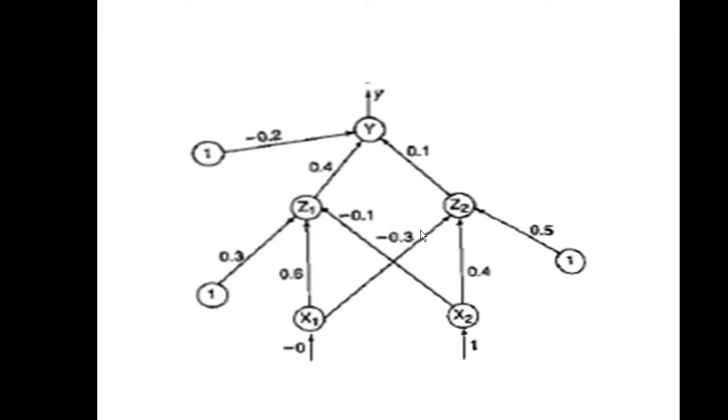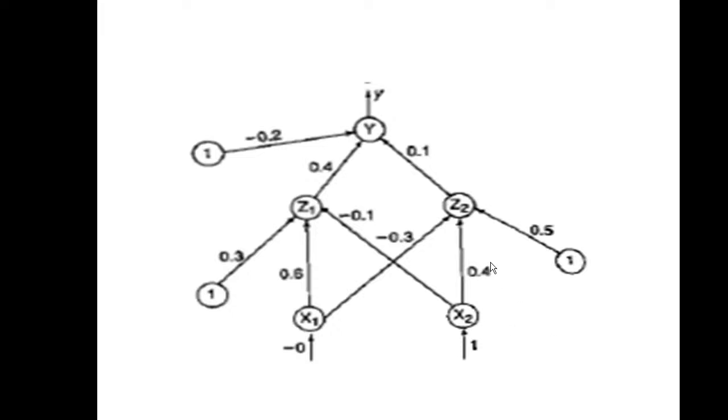So V12 is minus 0.3, and from x2 it's coming 0.4, so V22 is 0.4. And V02 is 0.5.